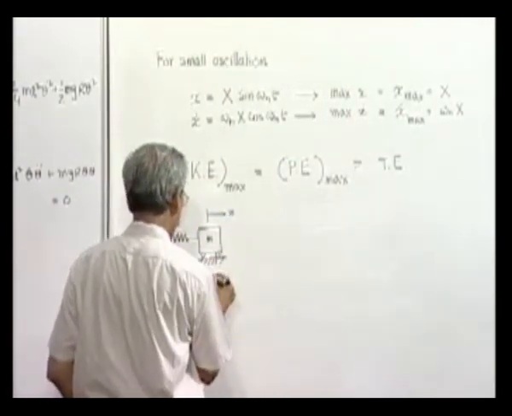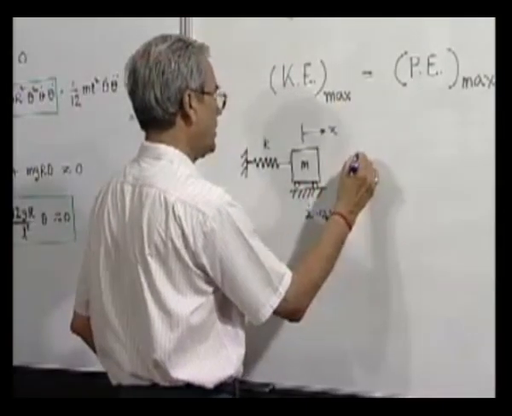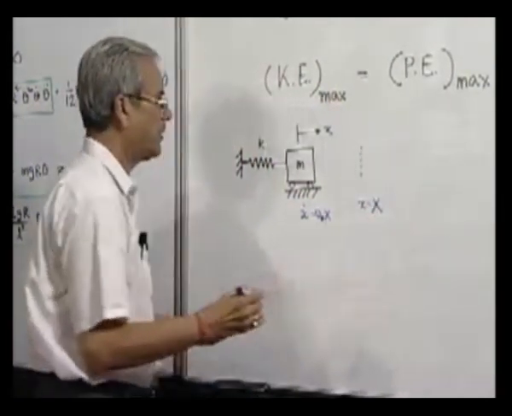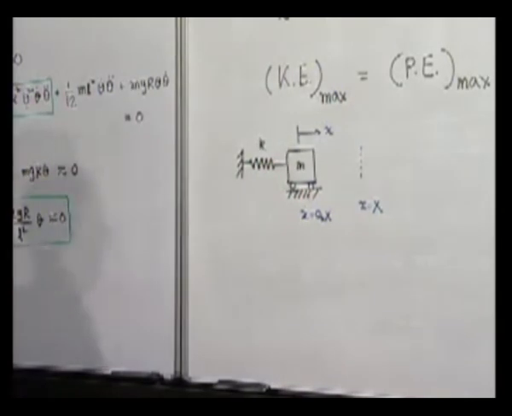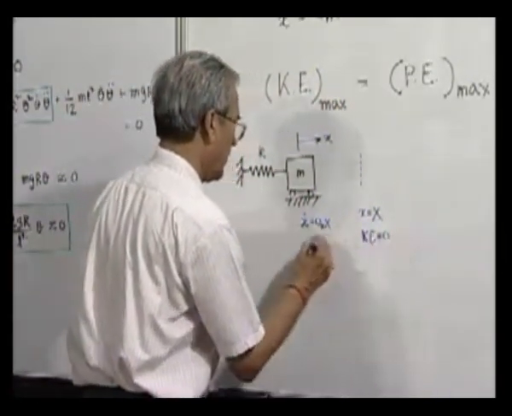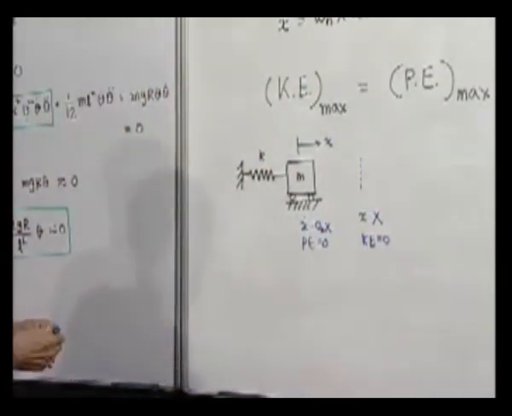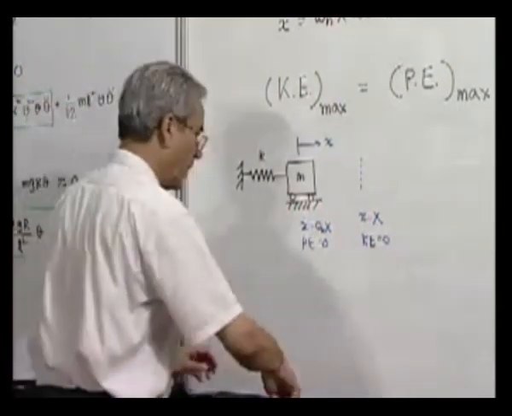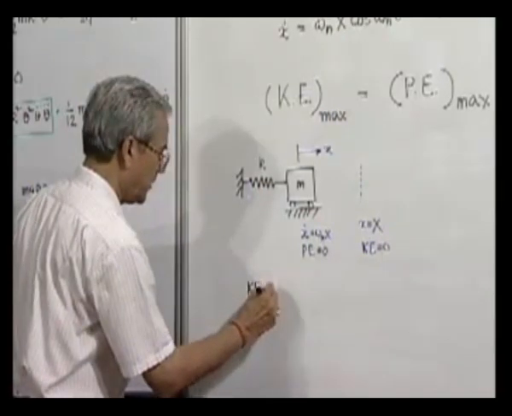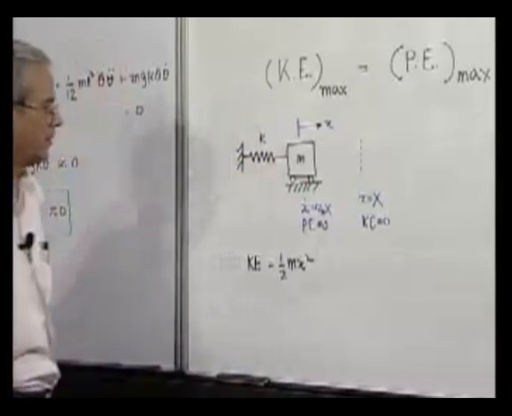So at this location, x dot is equal to omega n X, and when it goes to the extreme end, here x is equal to X, Pe is maximum and Ke is 0, whereas here Pe is 0. So what is the expression for kinetic energy? Half m x dot square.